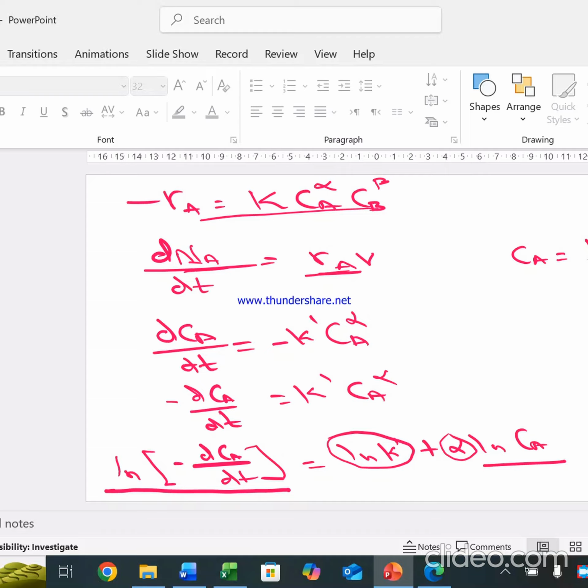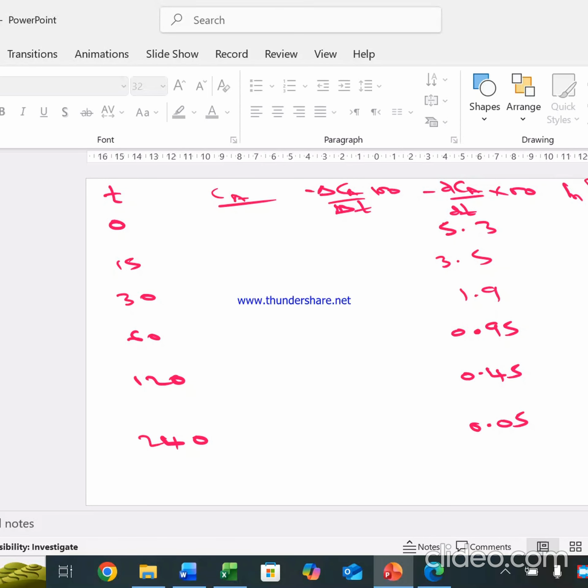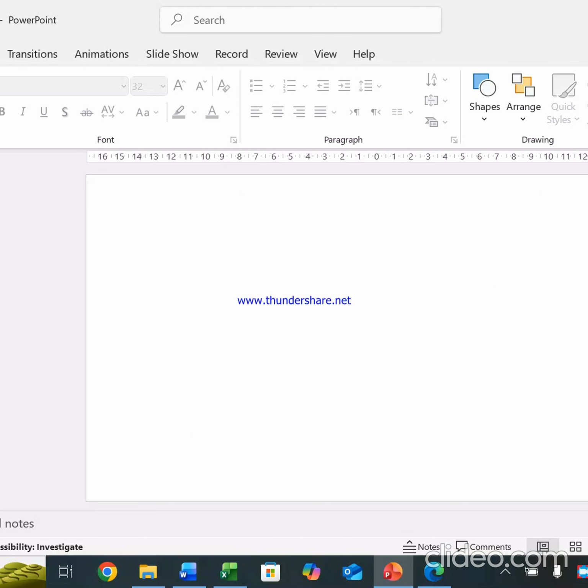So that means we need to create a graph of ln of minus dCA/dt. We need to create a column for that, so we need to find ln of minus dCA/dt times 100.